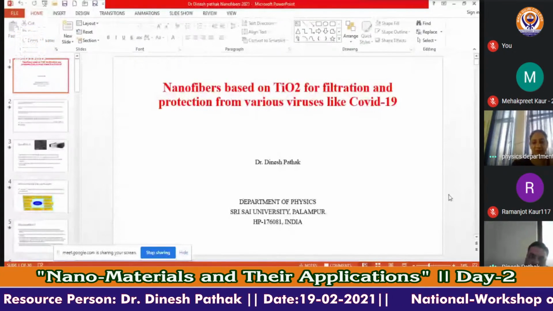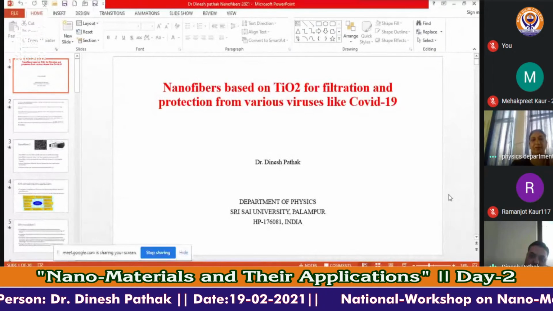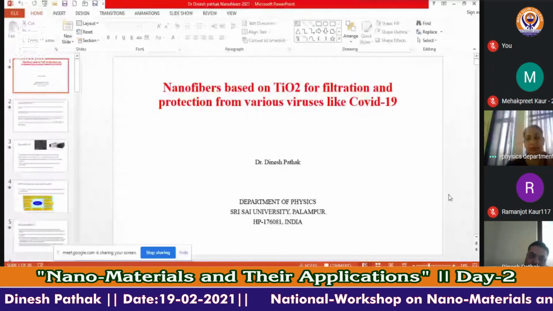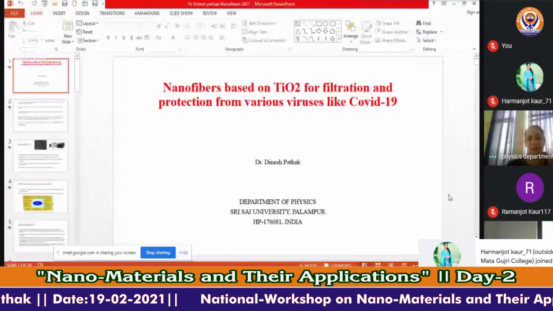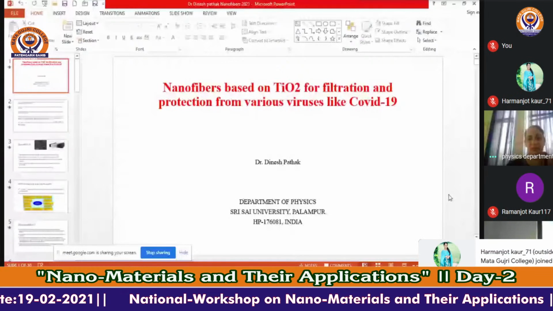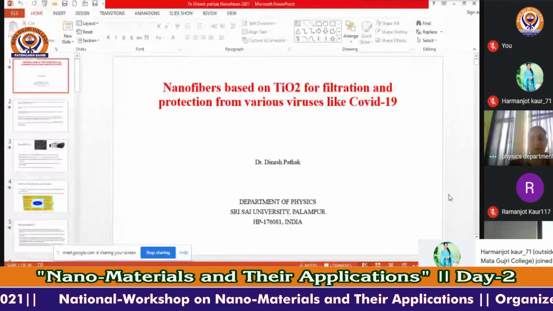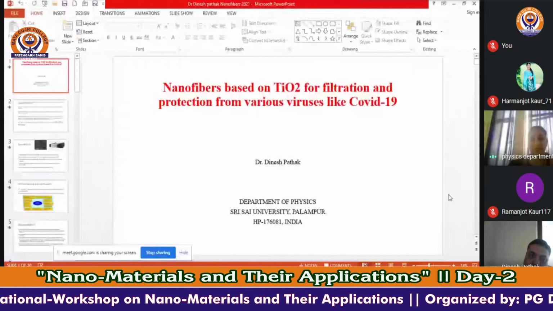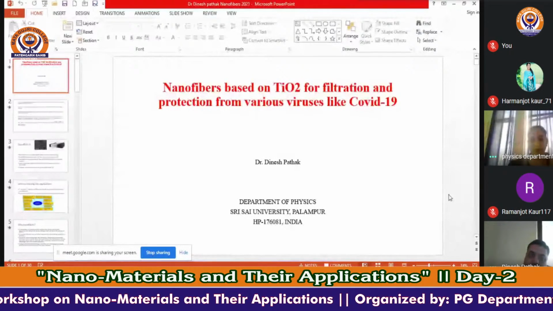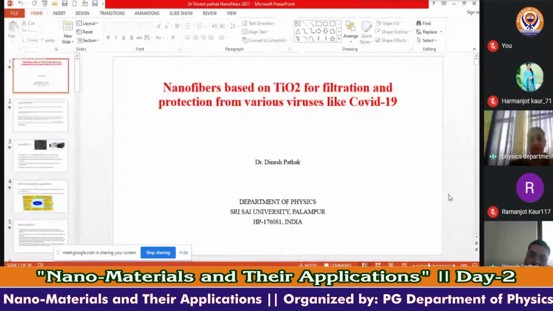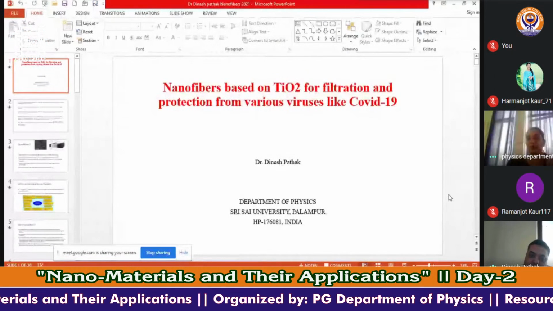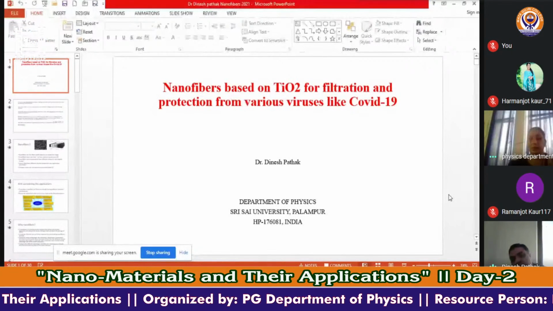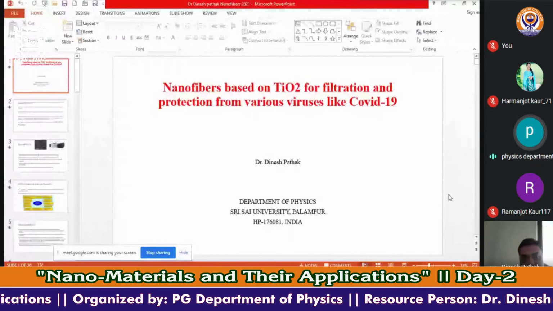There are so many examples where we see that when we reduce the size of any material within the range of 1 to 100 nanometer, the properties change very drastically, and obviously when the properties change, then applications will change.